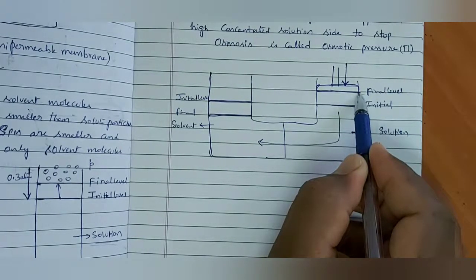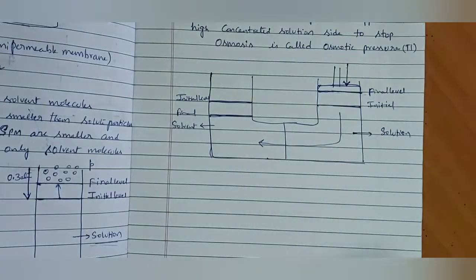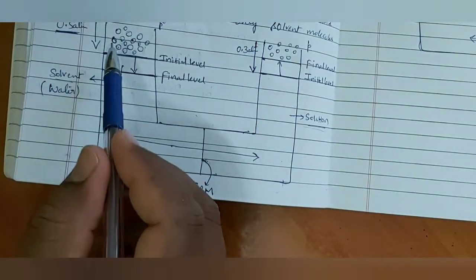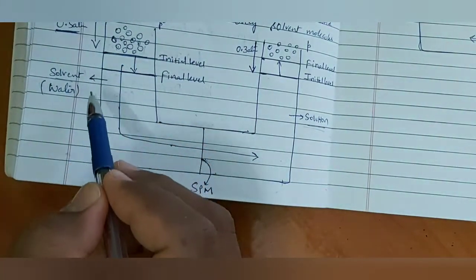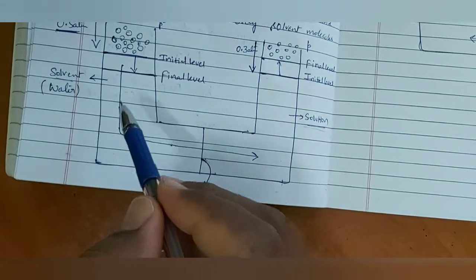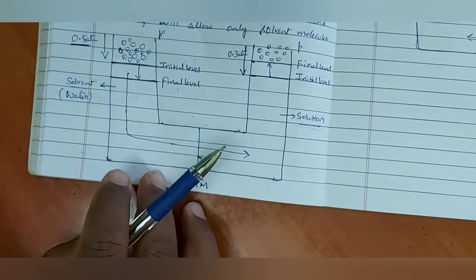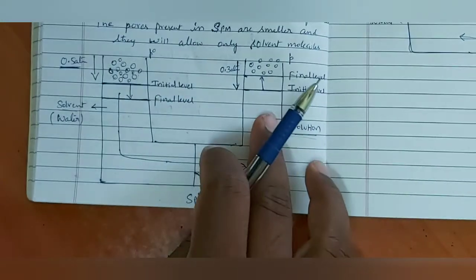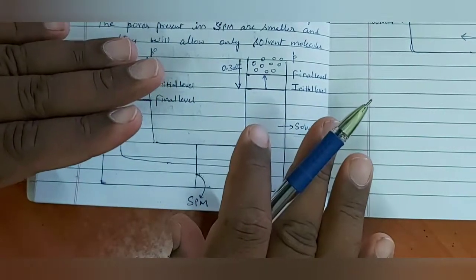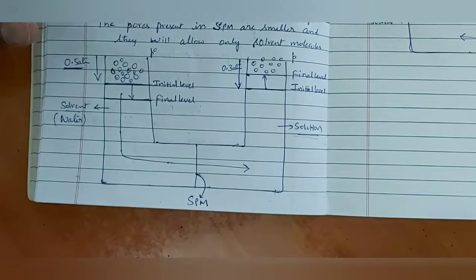Osmosis process will not go on continuously. When left side pressure and right side pressure are balanced, as solvent molecules decrease here, automatically its vapor pressure gets lowered. So when the vapor pressure on left hand side and right hand side are maintained equally, up to that osmosis will take place and it will be stopped after that.